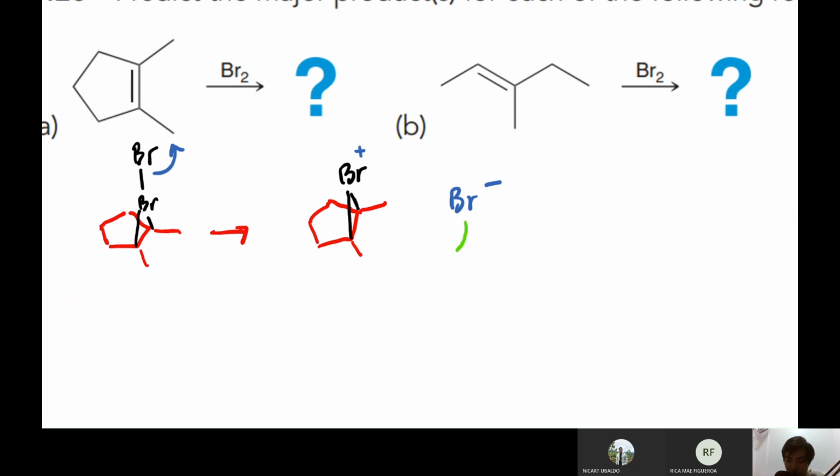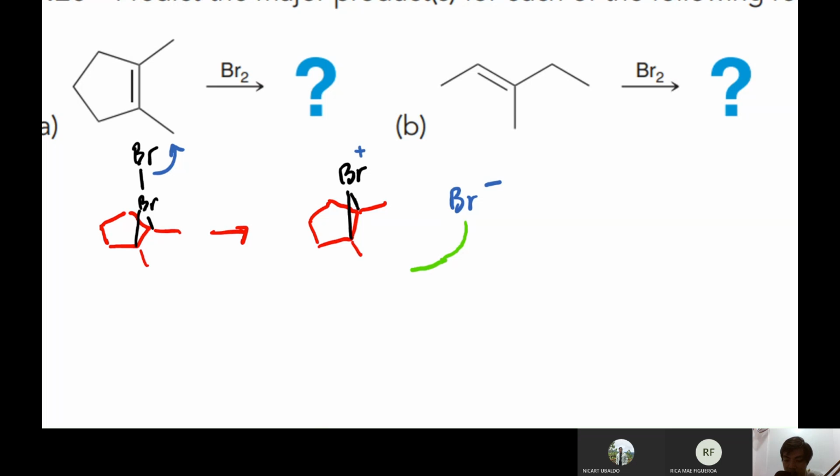Pwede ito, pwede ito. Kapag dito siya umatake, nasa taas dito yung Br. Pag dito umatake yung Br natin, dito naman mapupunta sa baba yung Br. Pag yung Br umatake sa left, mapupunta sa right side yung Br.